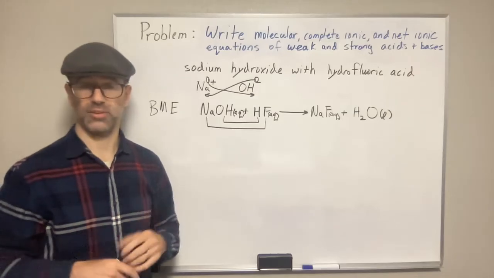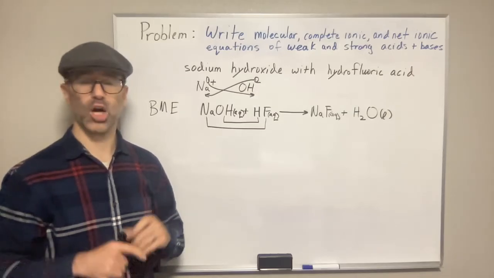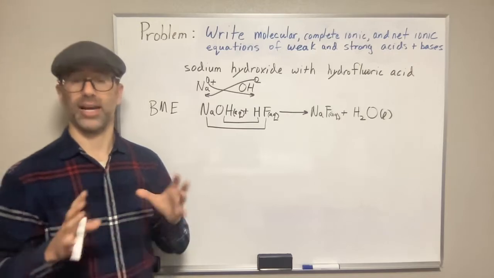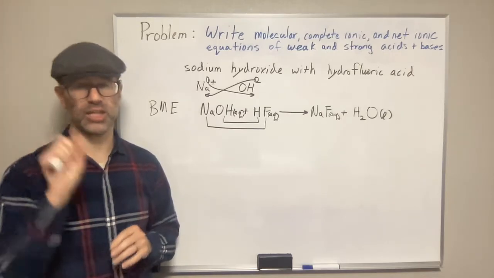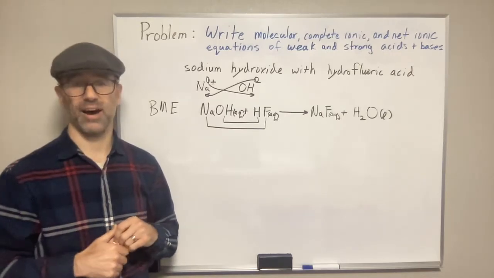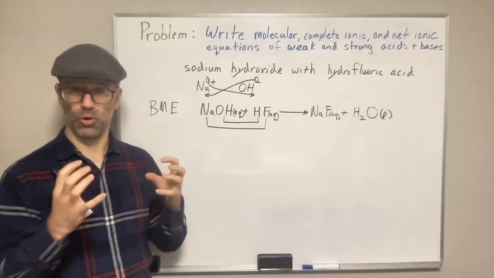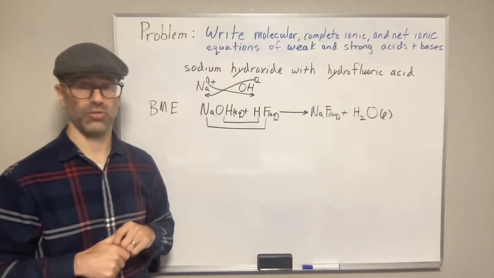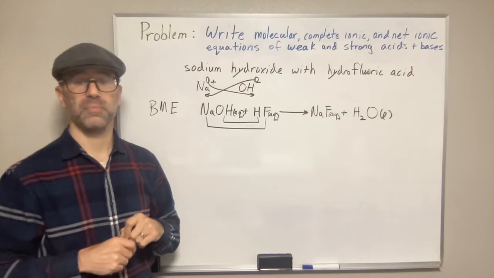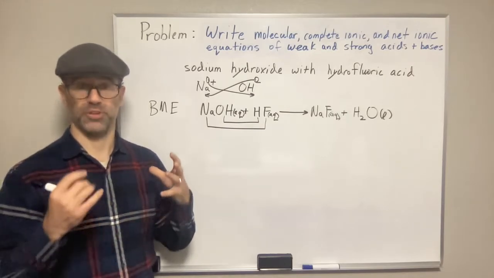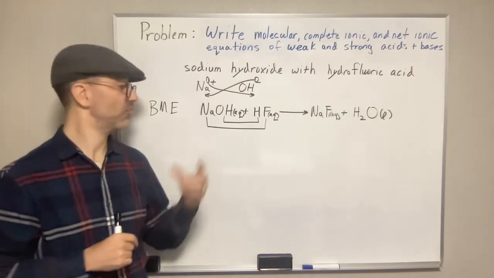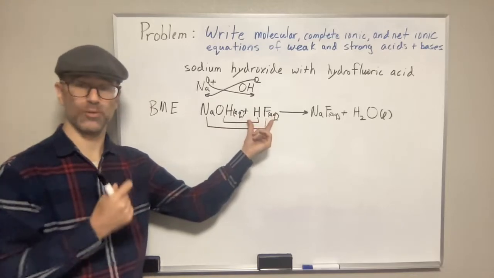What about weak acids and bases? Weak acids and bases hardly ever dissociate or ionize in water. Very, very little of that molecule or formula unit is going to dissociate, so most of the species in your water is going to be together in this formula.